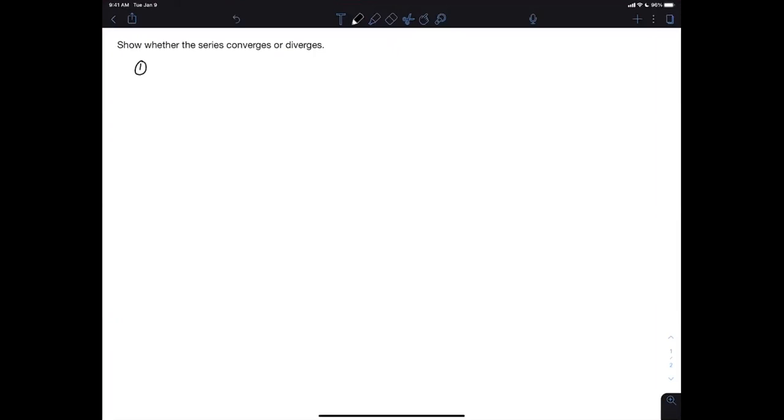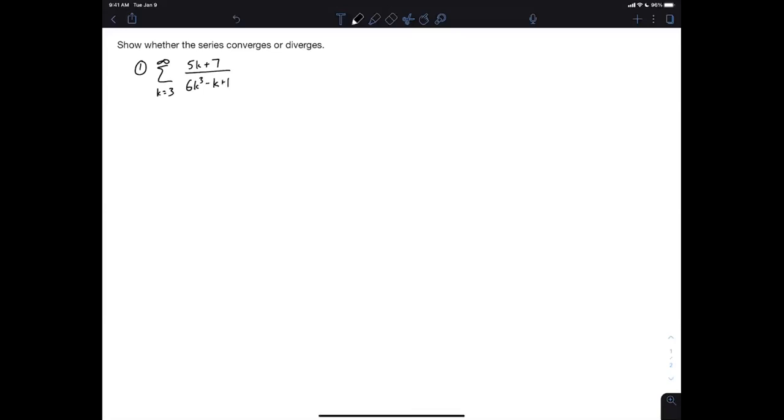So on the first problem, we're going to do the sum k equals, let's say, 3 to infinity of 5k plus 7 over 6k to the third, and we'll say minus k plus 1.